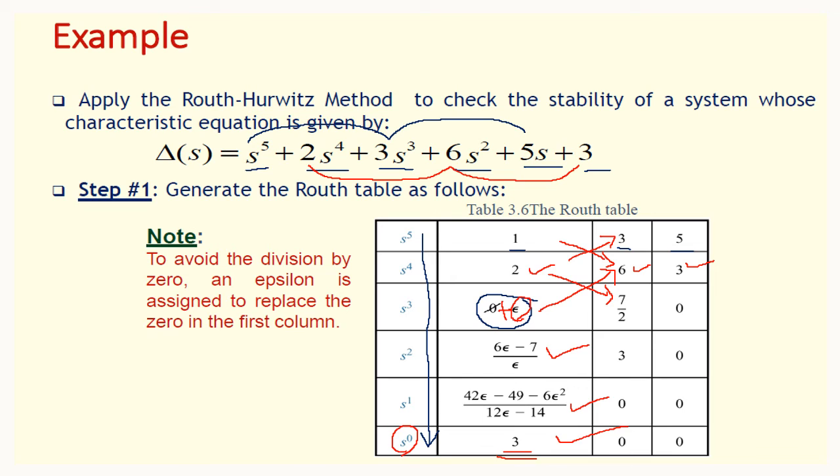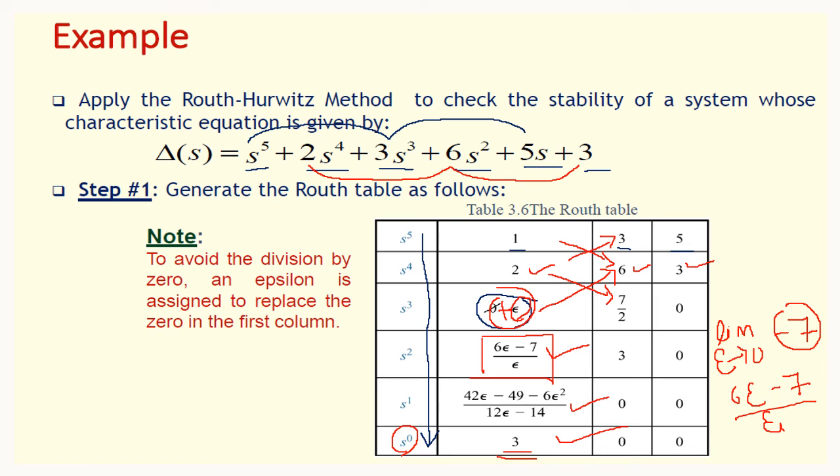Now, how do we find whether the system is stable or not? We have assumed that the epsilon value is positive. Again, in this case, 6 epsilon minus 7 divided by epsilon. Let us take the limit epsilon tends to 0. Now, what will happen? I get a negative sign, that is minus 7. Why? Because it is 6 epsilon minus 7 divided by epsilon.